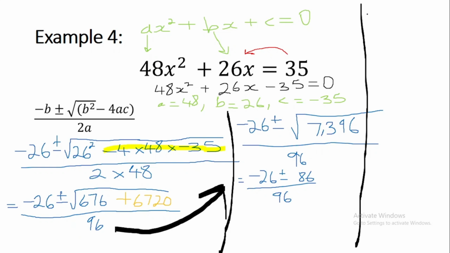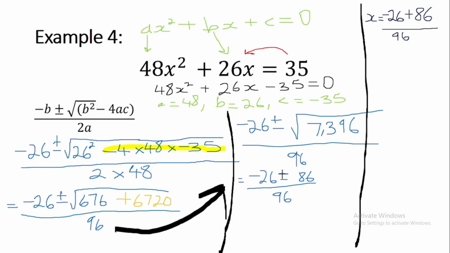So x now is equal to, remember the plus and minus sign right here, we're going to utilize it right now. So negative 26, and we're going to start with plus 86 all over 96.